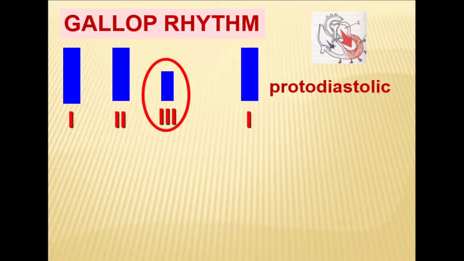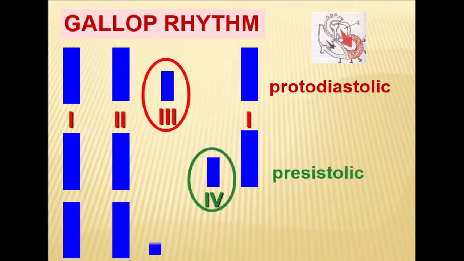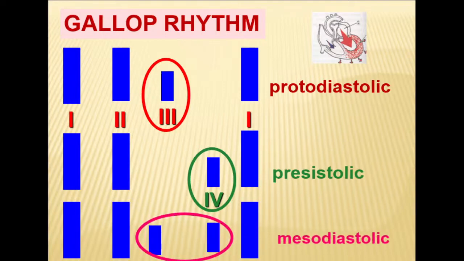Gallop rhythm is characterized by a decreased first sound over the heart apex and an additional heart stroke, which gives protodiastolic, presystolic, or mesodiastolic gallop rhythm, but it may be differentiated only with an instrumental method, phonocardiography or echocardiography.